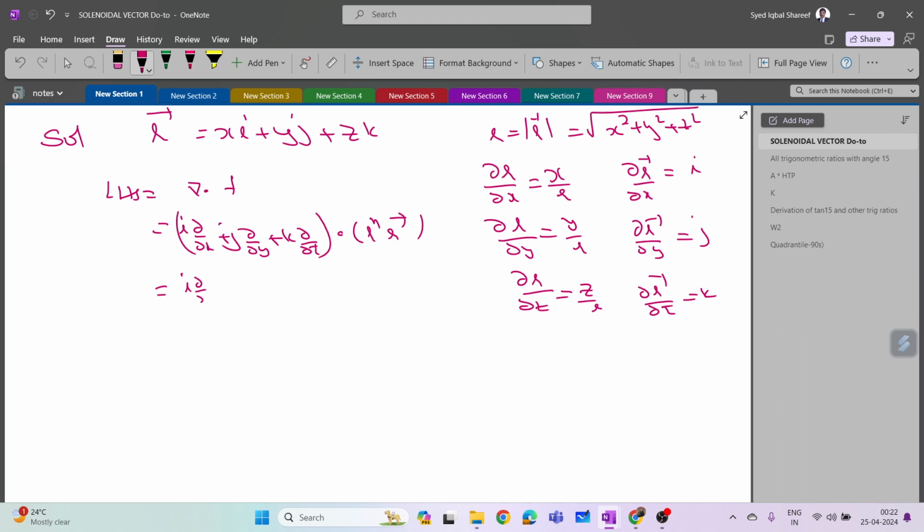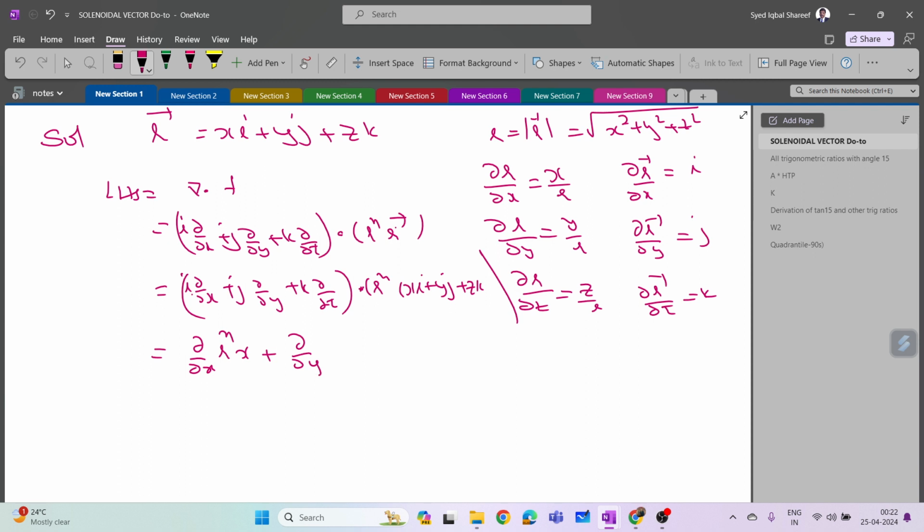What is vector r? xi plus yj plus zk. Now in the dot product, i dot i is 1, so dou by dou x of r to the power of n x. Similarly, dou by dou y of r to the power of n y, and dou by dou z of r to the power of n z.